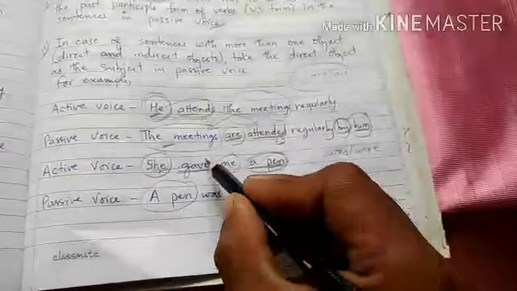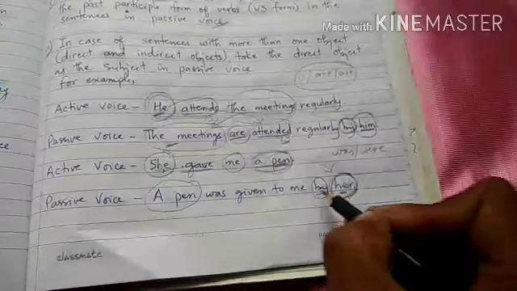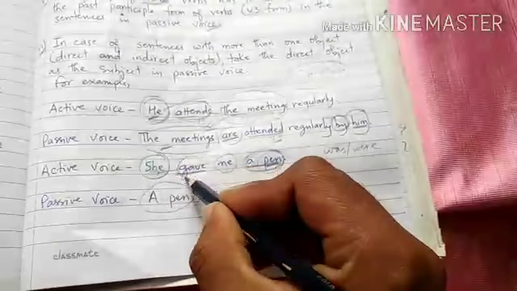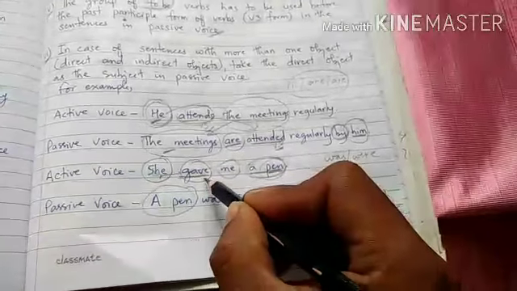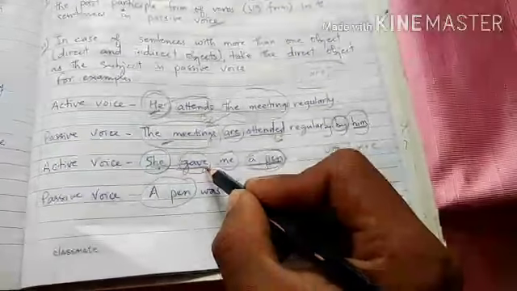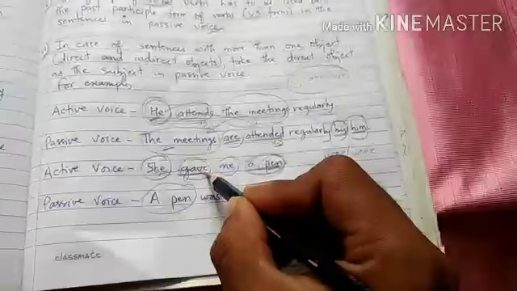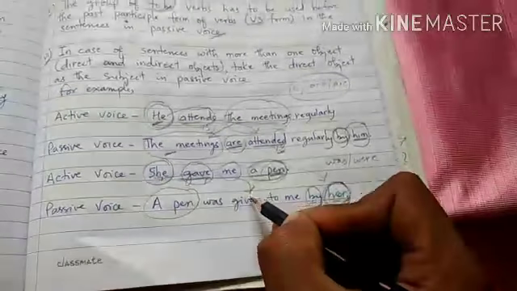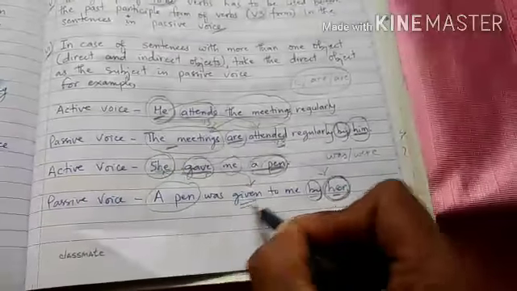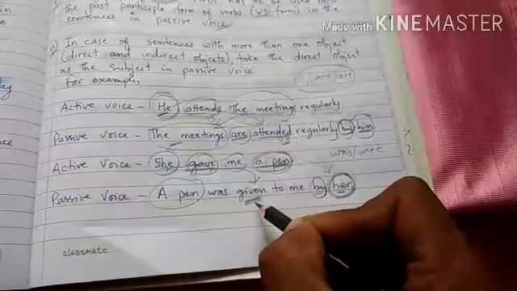So now we have to change this main verb into B3 form. This sentence is in simple past tense, so we have gave, the B2 form of the verb. Now we are changing this B2 form into B3 in passive voice. So B3 of give is given. This requirement is also fulfilled.